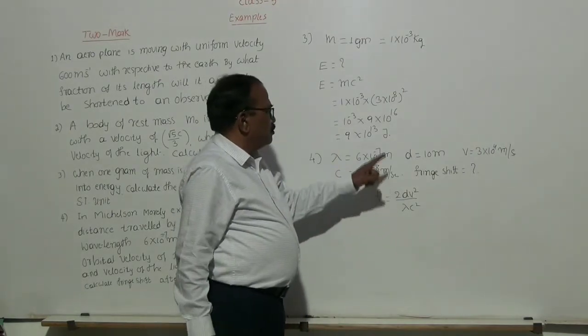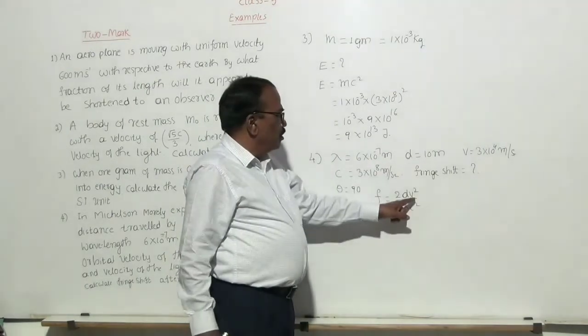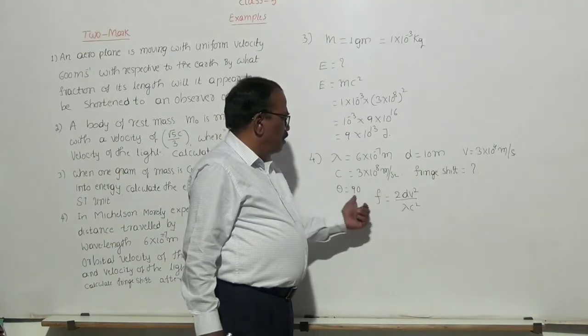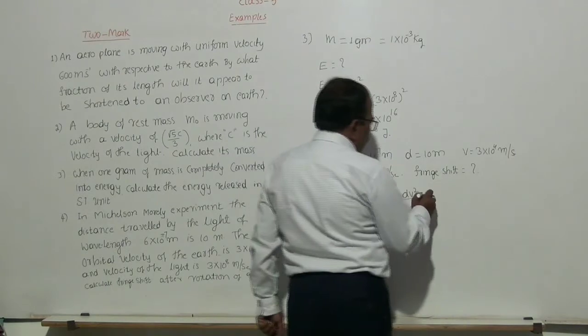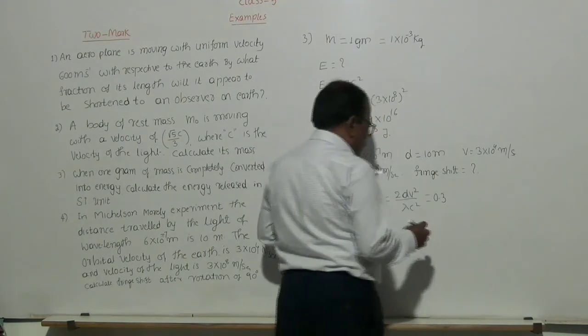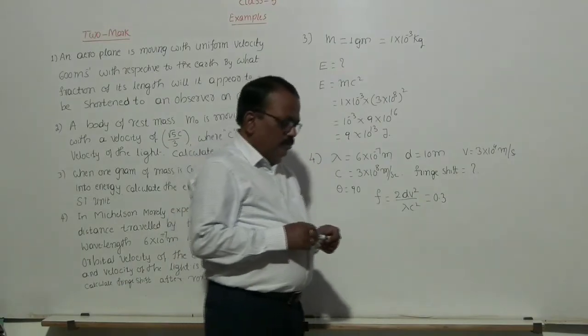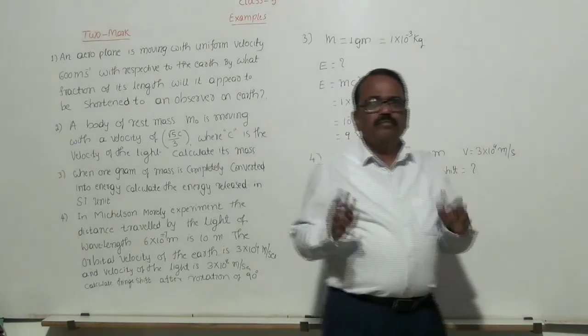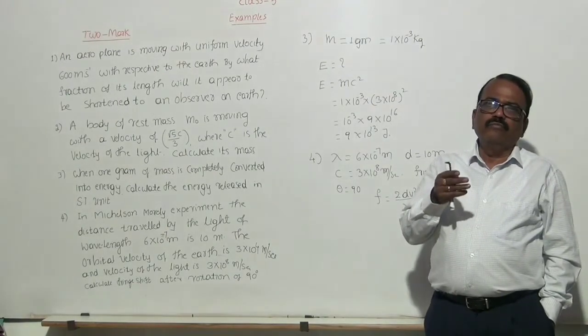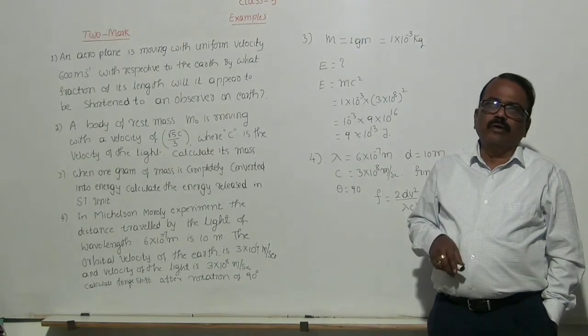So you substitute the value of d, v, lambda and c. You are going to get this fringe shift as 0.3. So such a type of examples will be asked in section A, which carries 2 marks.